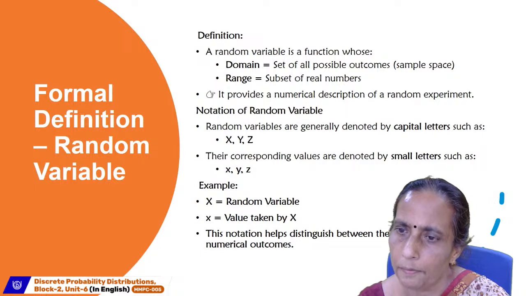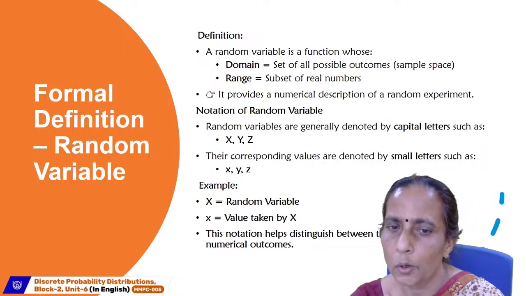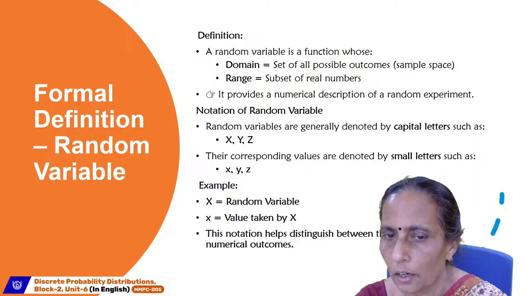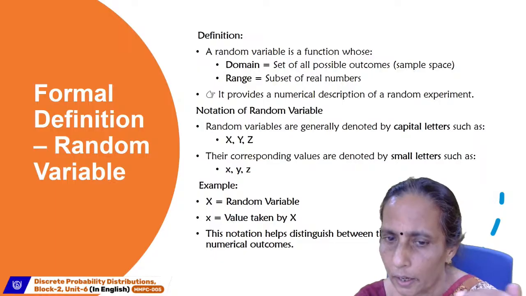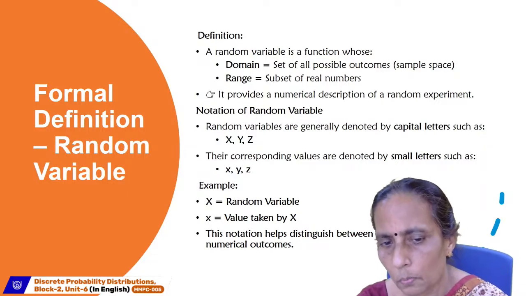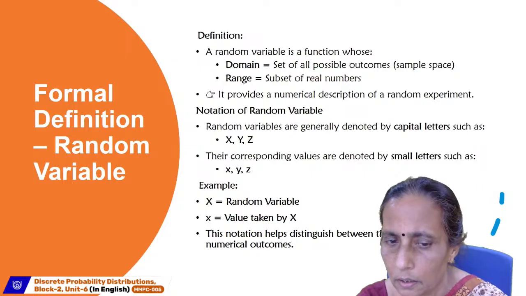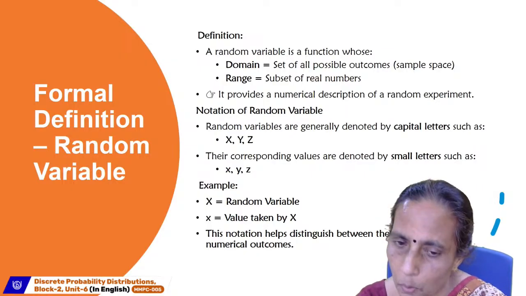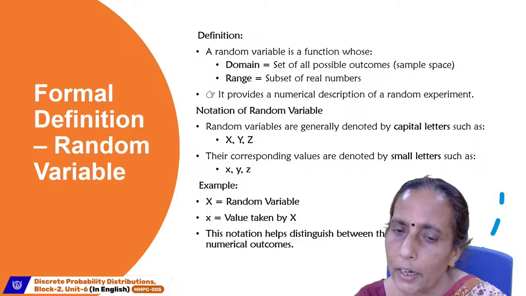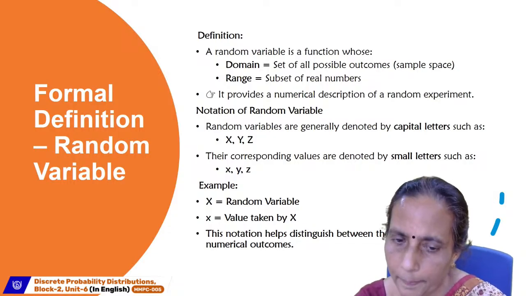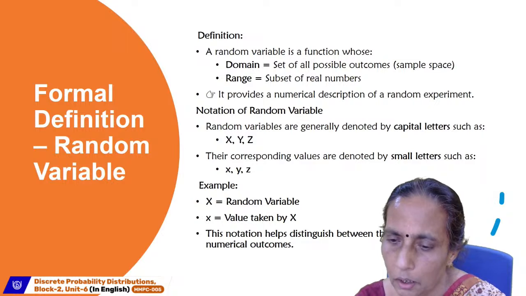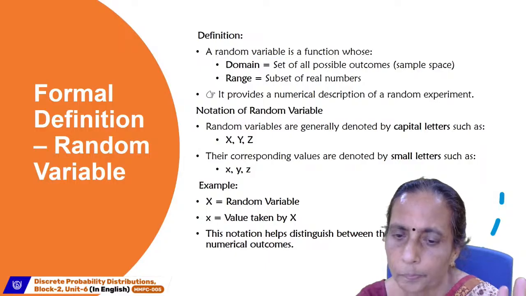As for notation, we always denote a random variable with capital letters such as X, Y, and Z, whereas their corresponding values are denoted with small letters, small x, small y, and small z. That is, capital X is the random variable, and small x is the value that the random variable X can take. This notation helps in distinguishing between the function and its numerical outcomes.